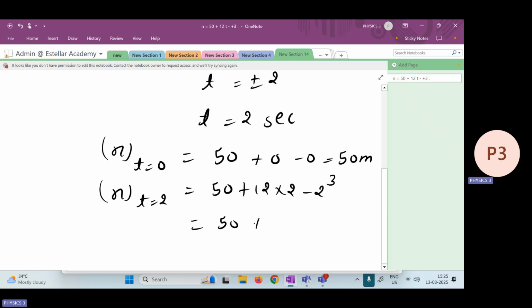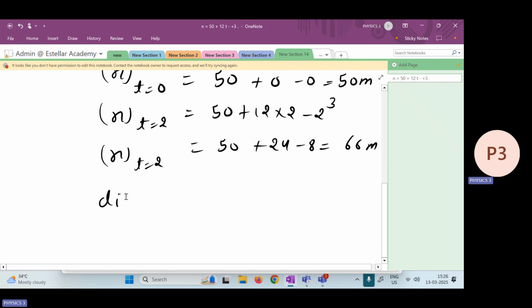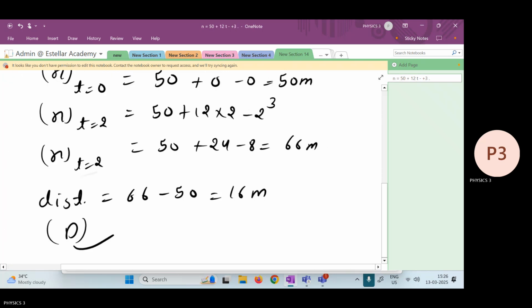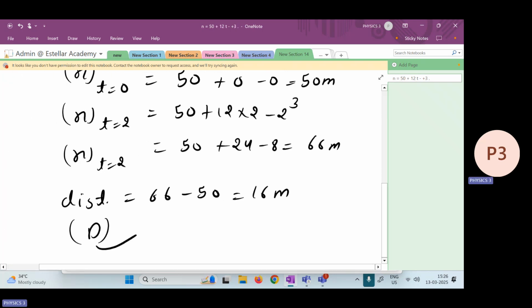So this would be 50 plus 24 minus 8. That would be 66 meter. This is the position of it at t is equal to 2 seconds. So distance traveled by it would be 66 minus 50, which is 16 meter here. So D option would be correct answer, 16 meter.